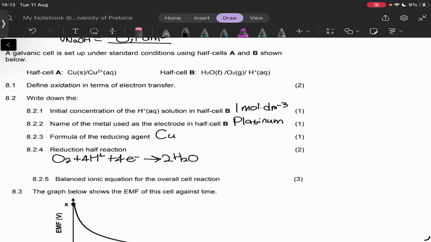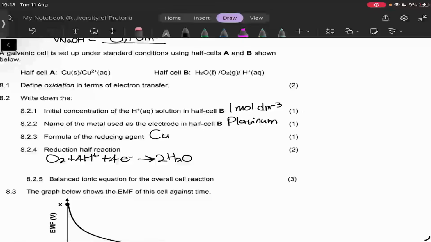But now let's actually get into how we determine stuff like this. First and foremost, I'm going to give you a general approach on how to tackle galvanic cells in such a manner that we do not lose out on marks.